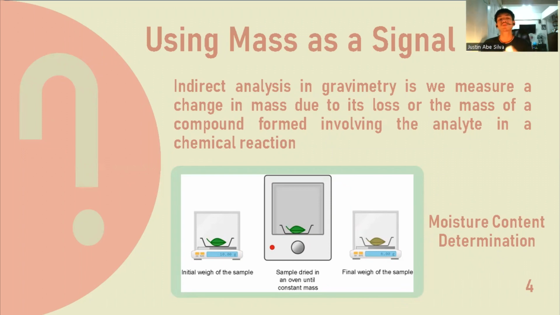And then afterwards, we weigh the sample again and compute for the change in mass. From there, we can determine how much water was removed from our sample. So here, the water is our analyte. That is the difference between direct and indirect.